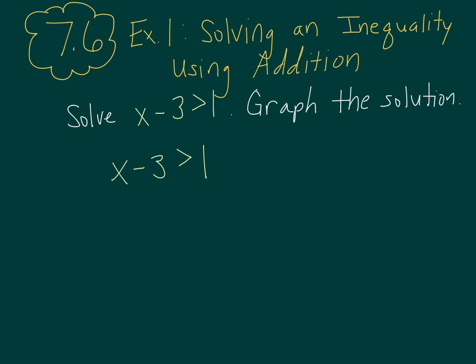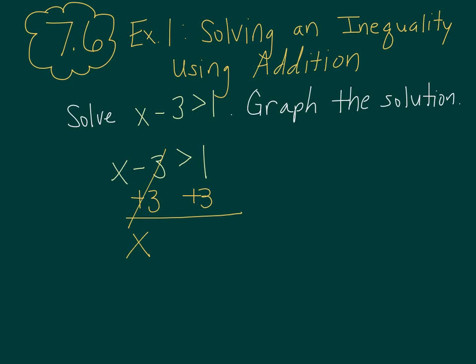So what we would normally do in our algebra to undo minus 3 would be to add 3, and of course whatever we do to one side we're going to do to the other. So these cancel each other out just like they did with our algebraic equations, and they leave us with just x on this side.